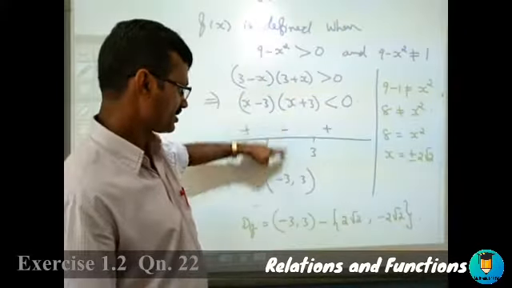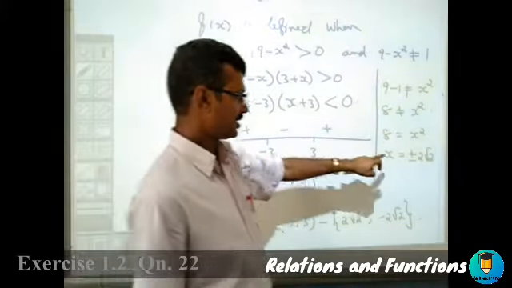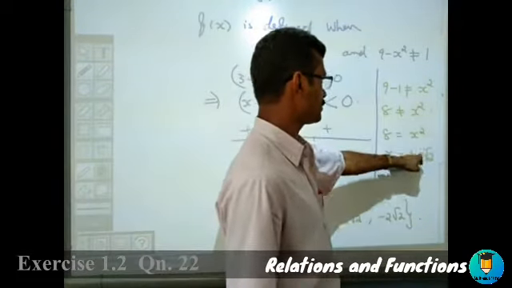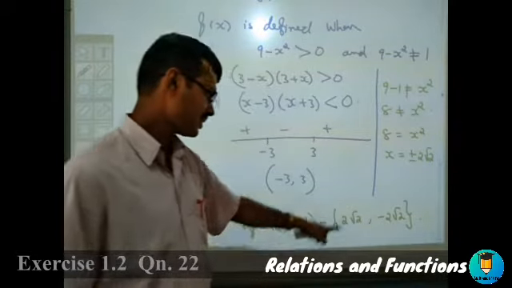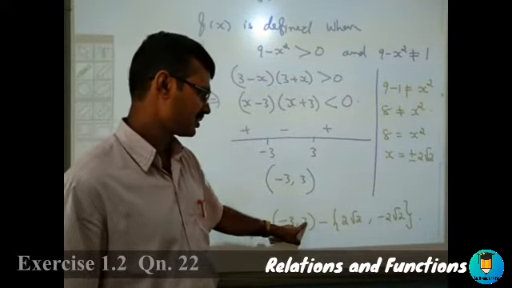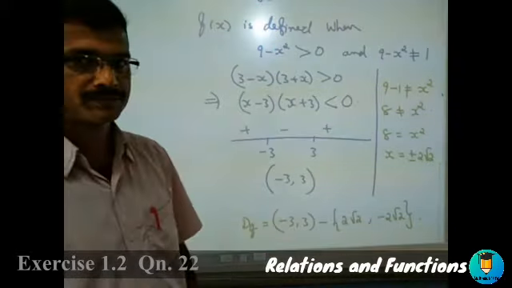On both parts I simplified. Here I am getting minus 3 to plus 3, but the values of x, plus minus 2 root 2, are not possible, so I avoided that. So naturally the domain of f is minus 3 to plus 3, from which I avoid 2 root 2 and minus 2 root 2.